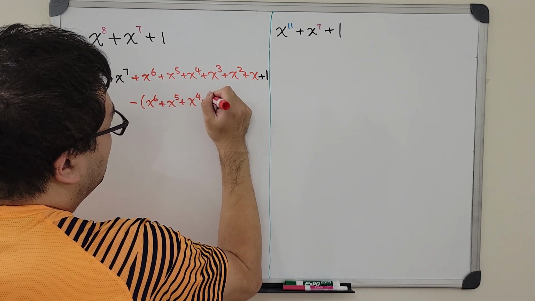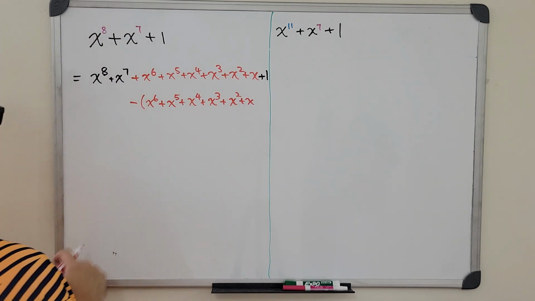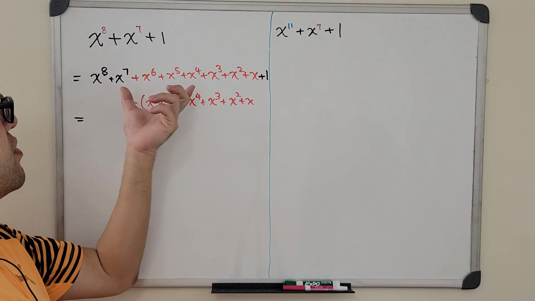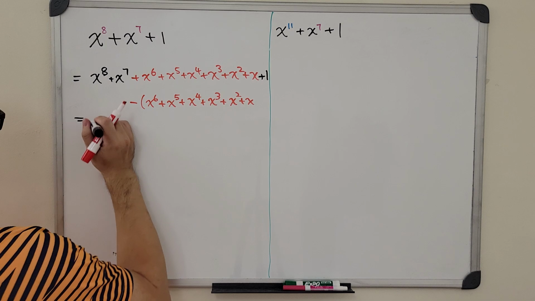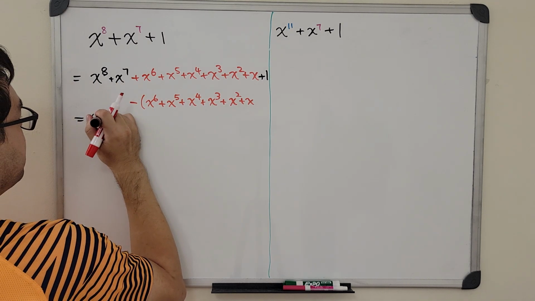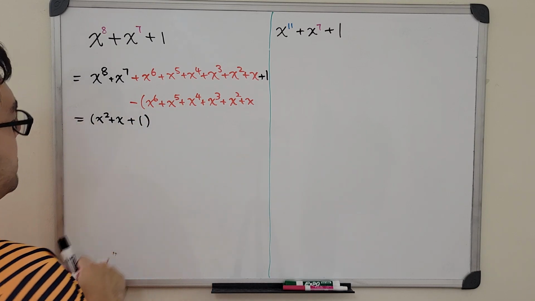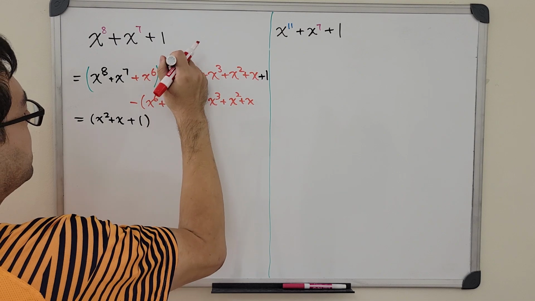So now we can actually factor out the first row, because now we have 9 terms. We can group them into 3 groups of 3 terms. So we will get x squared plus x plus 1, and we're going to group it in this order here.